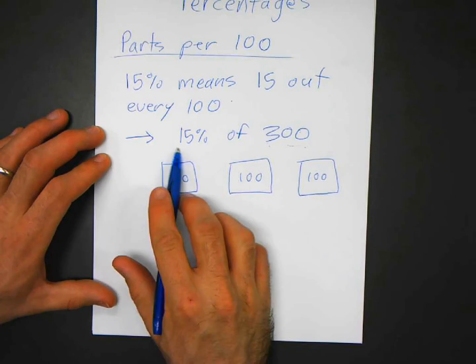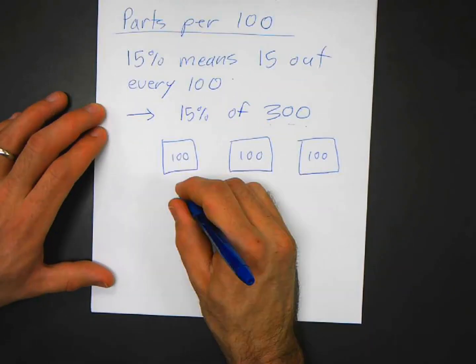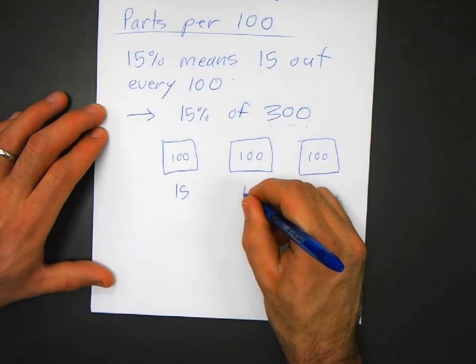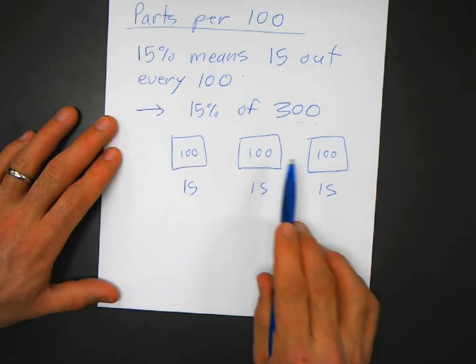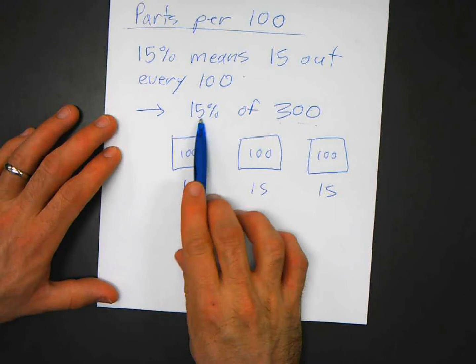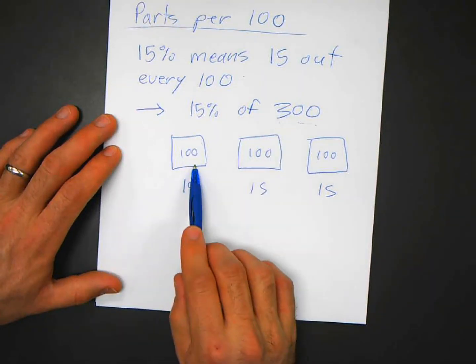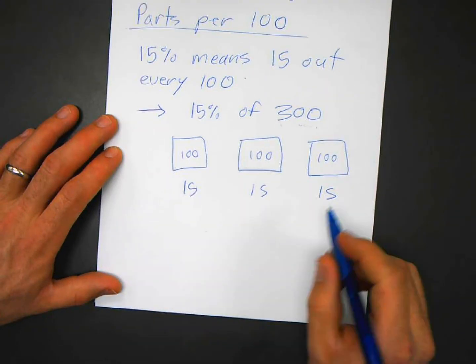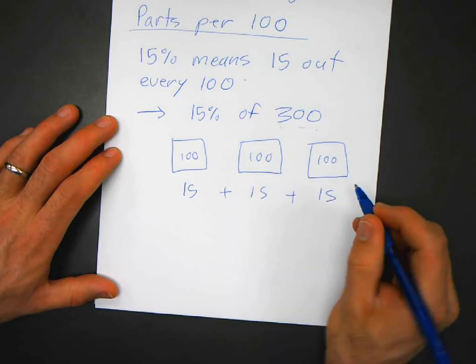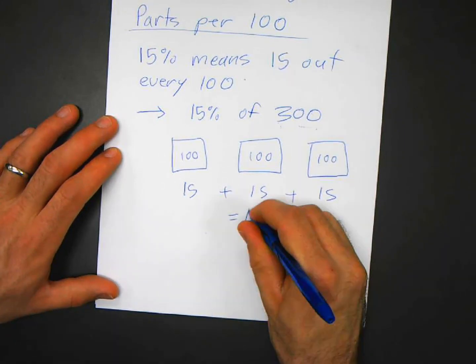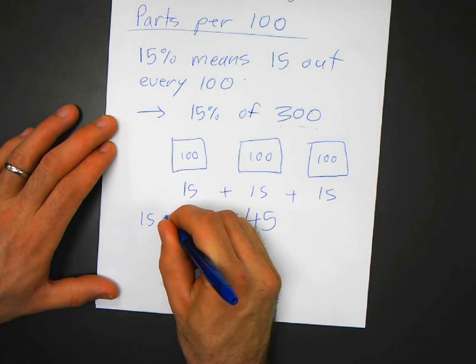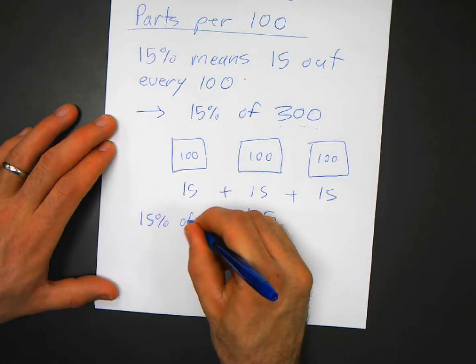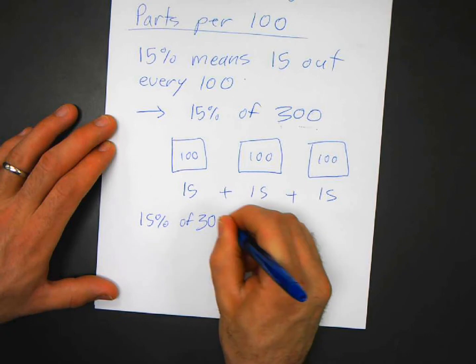And what that 15% of that means, we're going to take 15 from this one, 15 for this one, and 15 for this one. We're not necessarily taking them out of there, but when we calculate the 15% of 300, we're going to say it's 15 plus 15 plus 15 because we have 300s there. So we get 45. So then we'd say 15% of 300 is equal to 45.